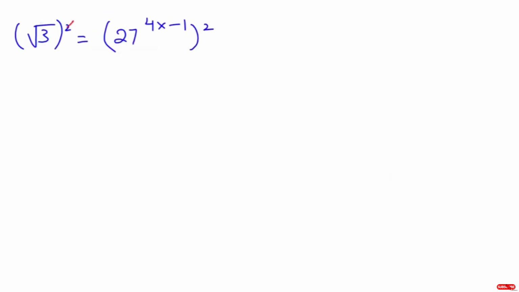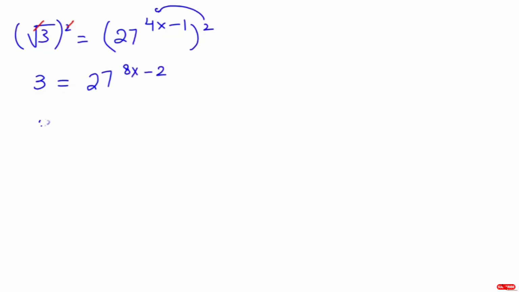Here the square and the root get cancelled. So the next expression we get is 3 equals 27 to the power of, now this is multiplied, so 4 times 2 gives us 8x minus 2.